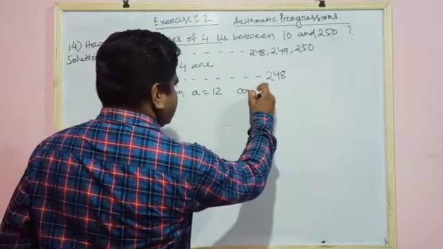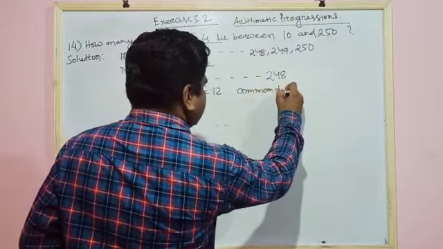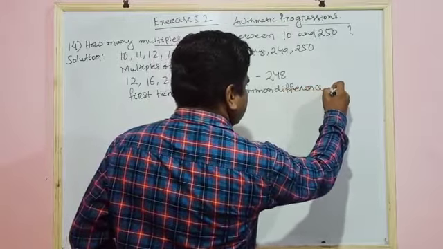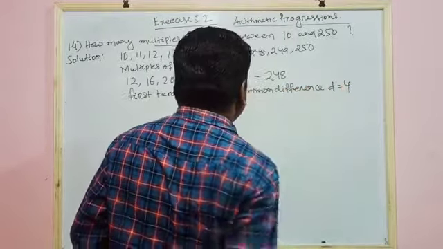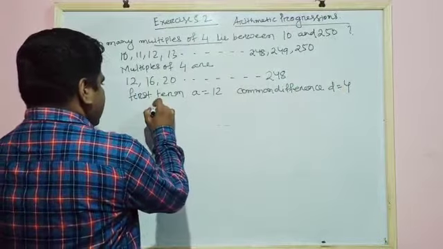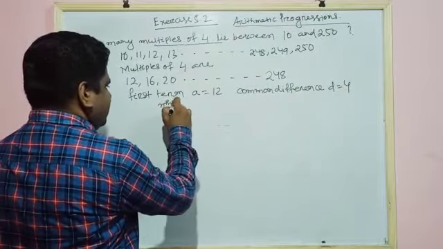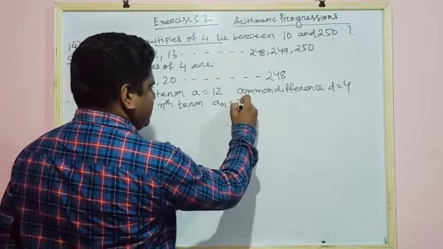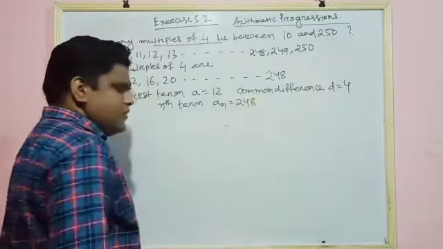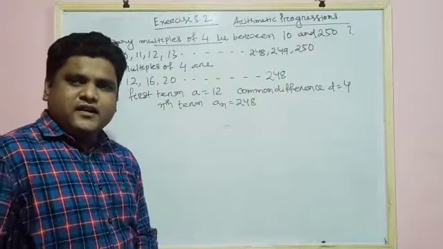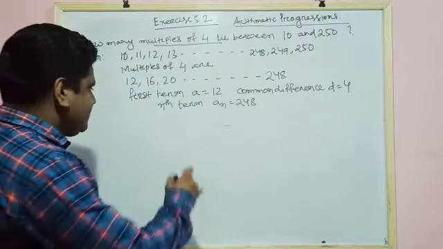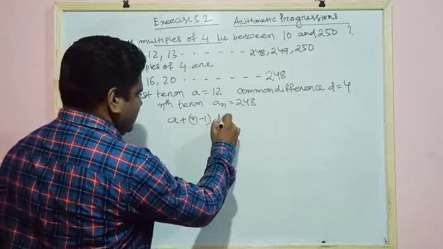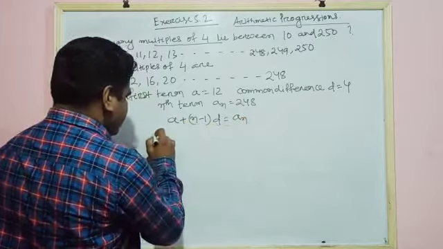Common difference d equal to 4, and nth term an equal to 248. We know the formula to find an of an AP is a plus n minus 1 into d equal to an.